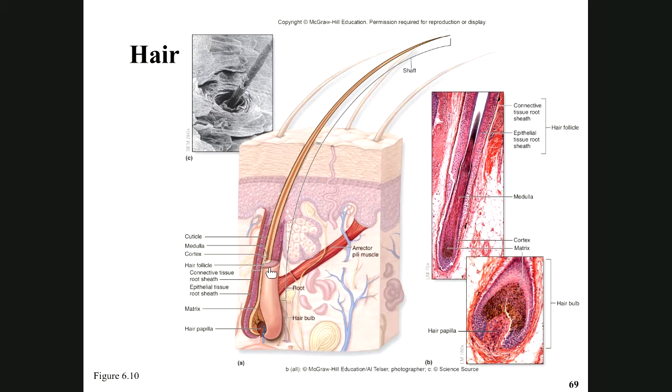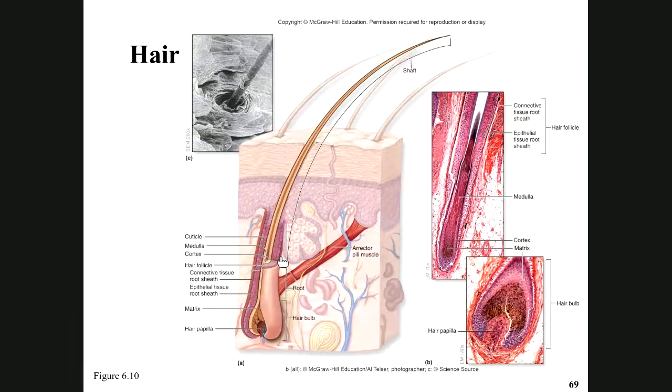We have two layers for the hair follicle. The inner layer of our hair follicle is epithelial tissue, and we call it the epithelial root sheath. And the outer part of the hair follicle is composed of connective tissue, and we call it the connective tissue root sheath. So we have two layers for the hair follicle.